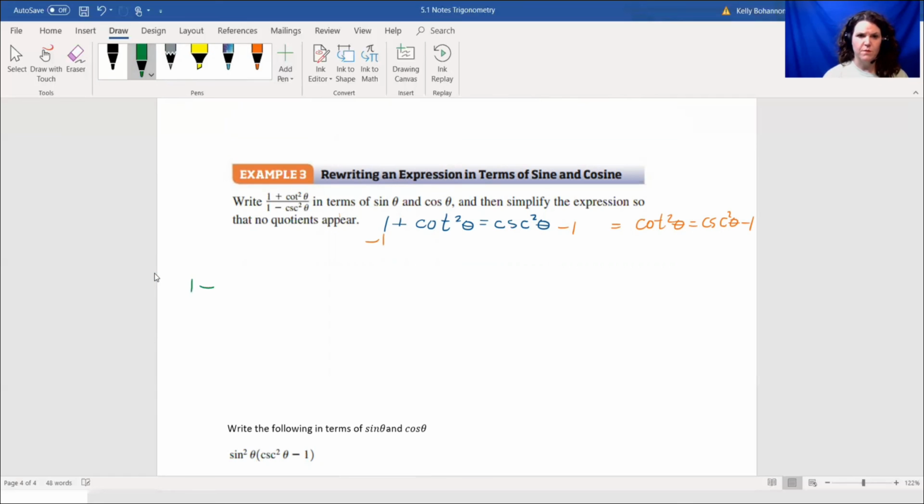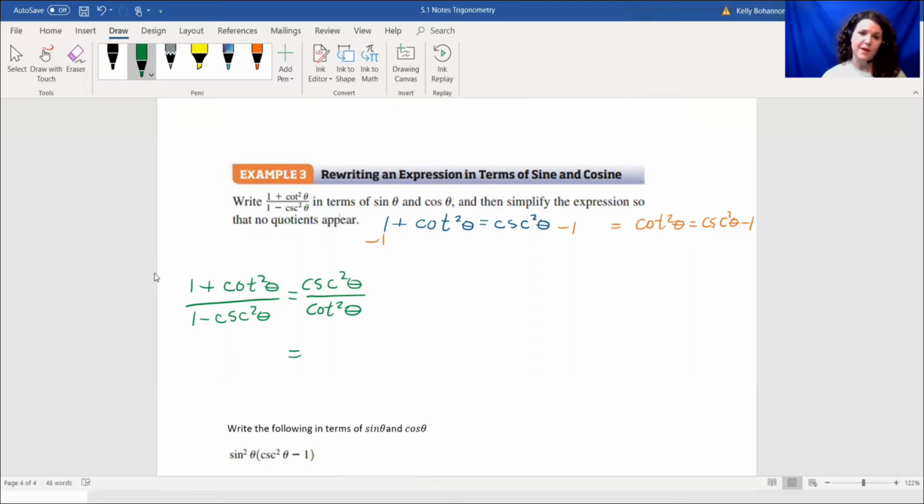So 1 plus cotangent squared theta over cosecant squared theta minus 1 equals cosecant squared theta over cotangent squared theta. Now I'm trying to get these in terms of sine and cosine.